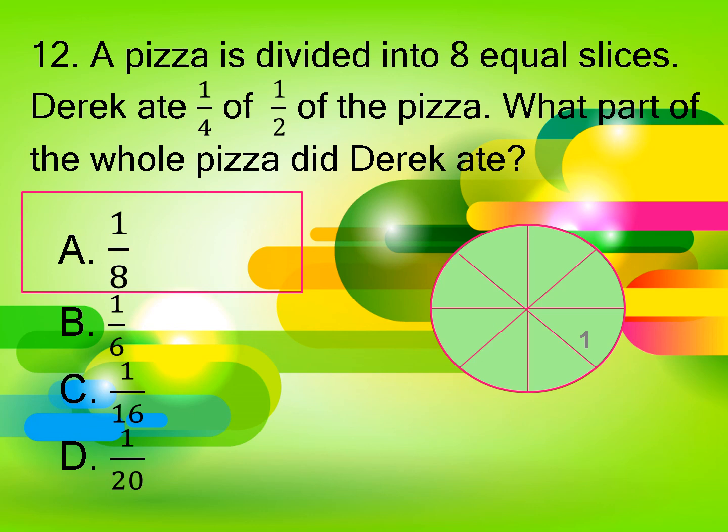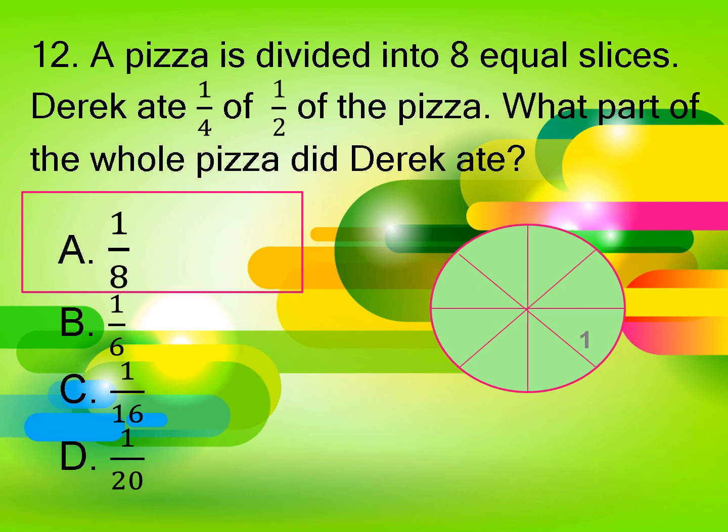How did we get the answer? So the problem states that a pizza is divided into 8 equal slices. So here 1, 2, 3, 4, 5, 6, 7, 8. And Direct 8 ate 1/4 of 1/2 of the pizza. So those 8 equal slices will be divided into half. So we have 4 parts, 1, 2, 3, and 4.